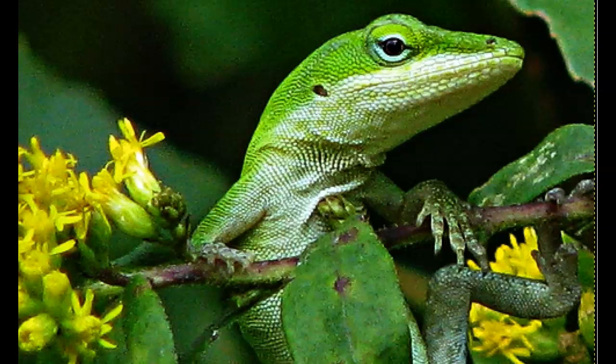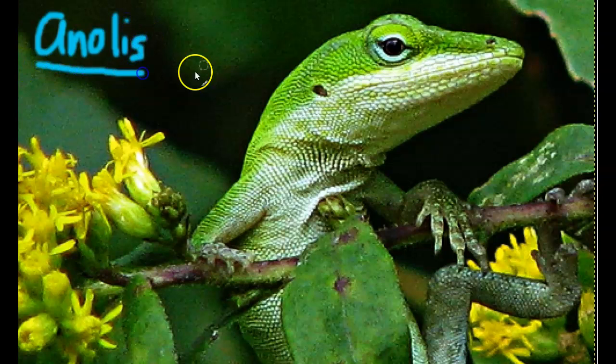In my example, to illustrate this, I am going to use an anolis lizard. Sometimes they sell these in pet stores and they call them chameleons, but they are not. These are anolis lizards. See how cute they are?